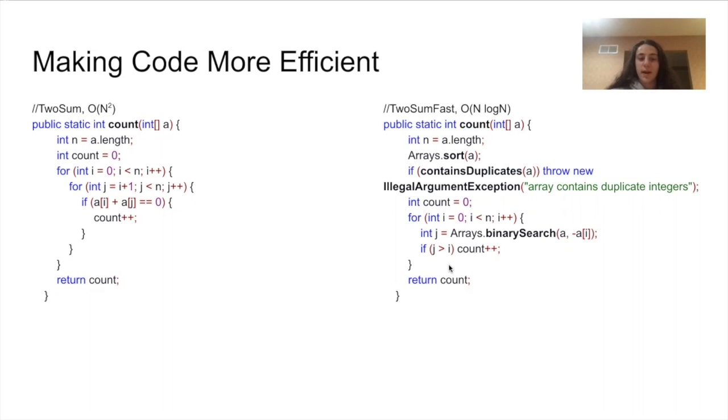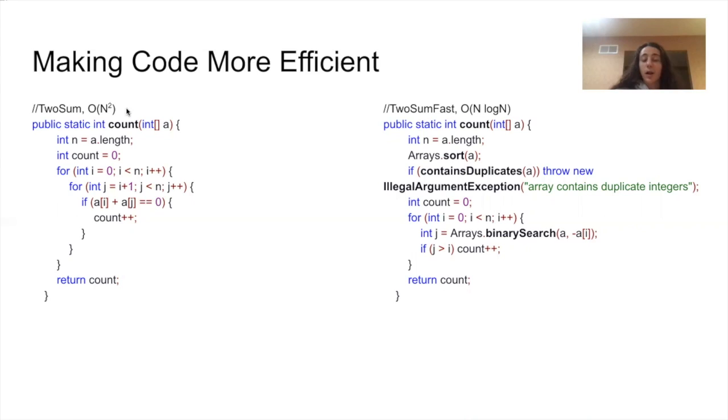And they have different orders of growth. So on the left is the regular twosum, the count method, and it has nested for loops that iterate through the array twice to check all of the possible pairs. And since it is nested for loops, that means it's a quadratic or n squared order of growth.